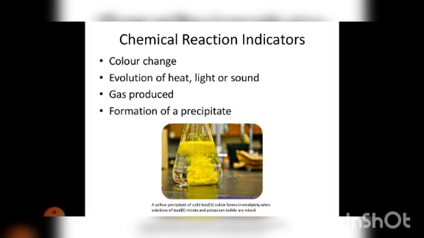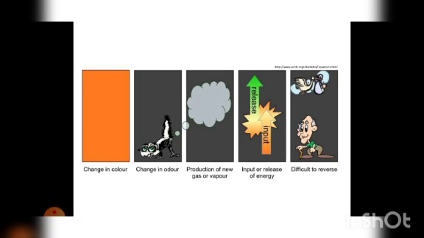But most of the reactions we perform can be observed by observing some indicators. These are the following indicators which can show us that a chemical reaction has taken place. You can see here the change in color. When you mix two or more substances, or something like when a fruit is ripened.